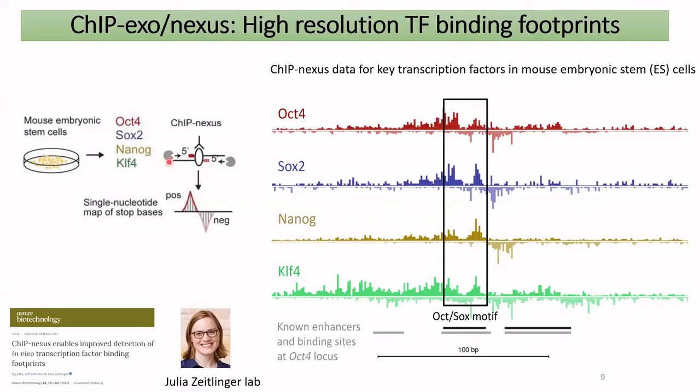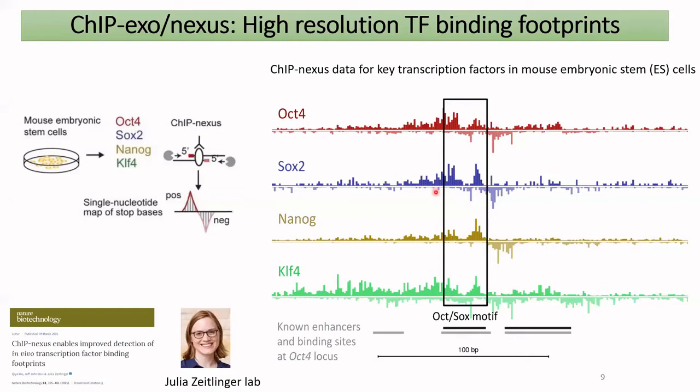In this case, you use an exonuclease, which chops the DNA all the way up to where the protein contacts DNA. So you get much higher resolution footprints as shown here, and they are stranded. You get reads on the plus strand and reads on the minus strand, precisely bookmarking the binding site. So these are very accurate, very precise base resolution experiments.